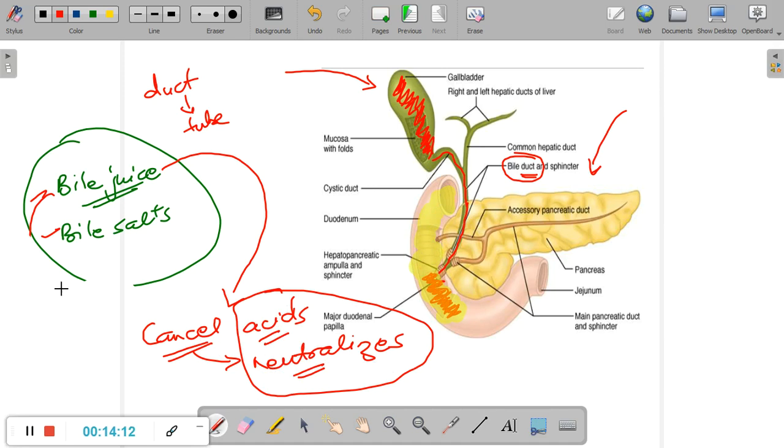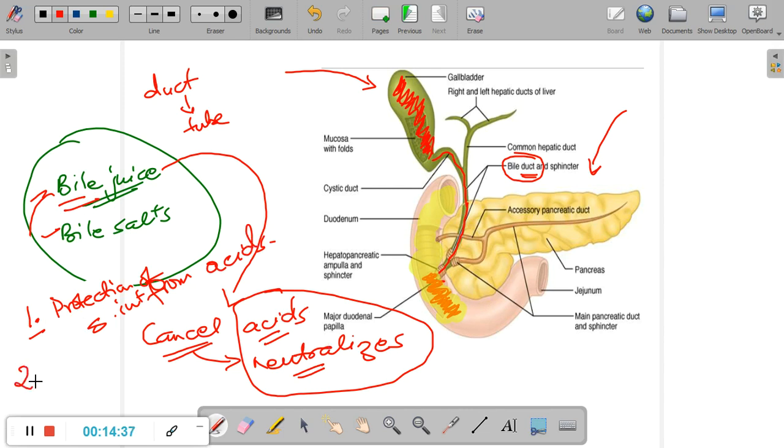Number one, the small intestine is protected from the effects of the acid. Protection of the small intestine from acids is the first function of bile juice. Bile juice neutralizes the acid, and because of this, the small intestine is protected.